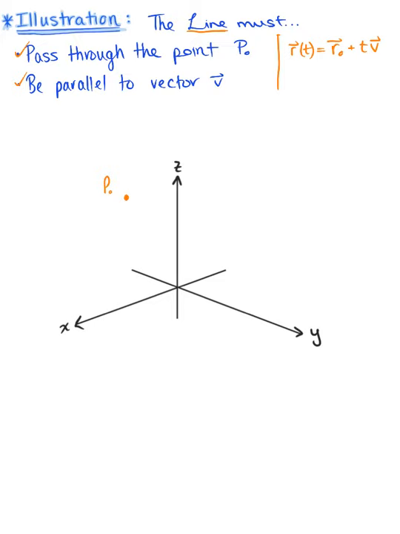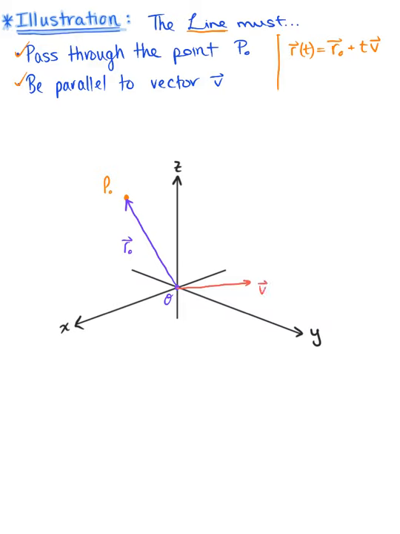So let's define the position vector. We know the position vector starts at the origin and ends at point P naught. So here is our position vector r naught. In addition, we know that this line must be parallel to vector v. So let's suppose we've got some vector v over here.